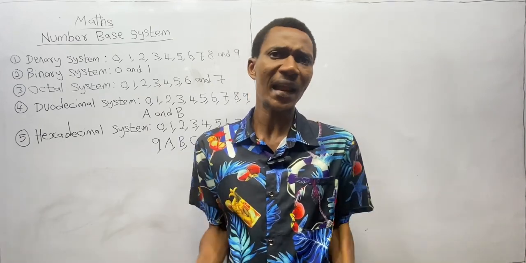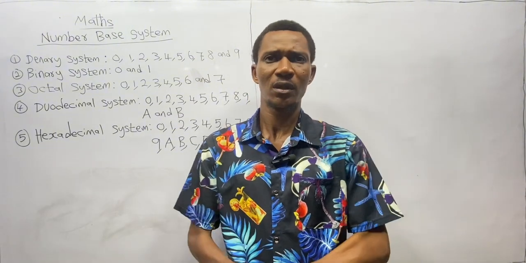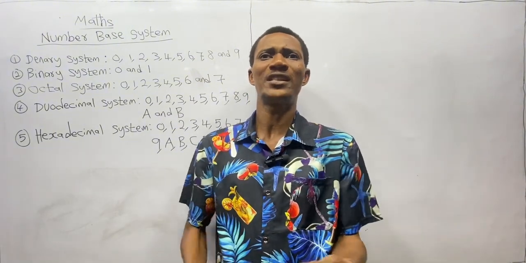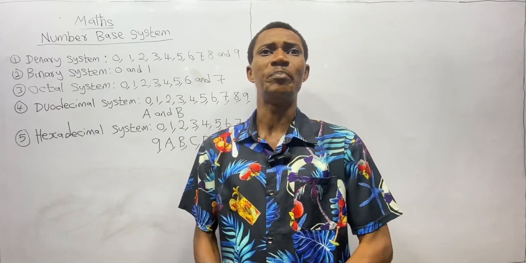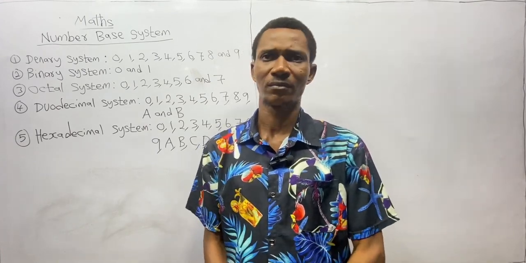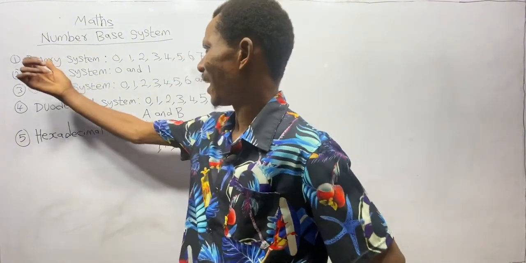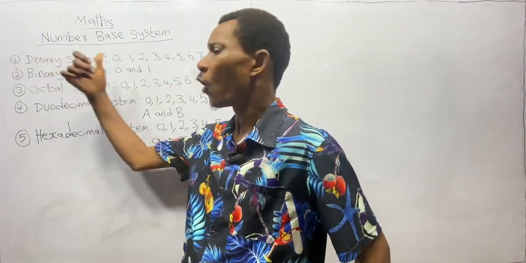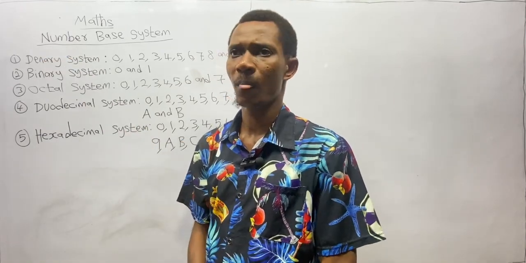But in our everyday life, the number base that is used in counting, the number base that is used in transacting business that involves money is base 10. This base 10 is also called the decimal system.